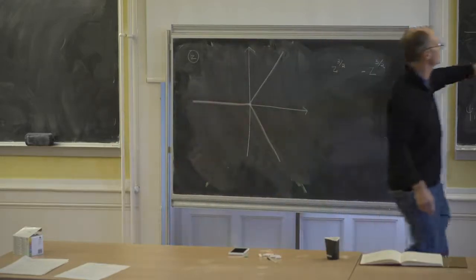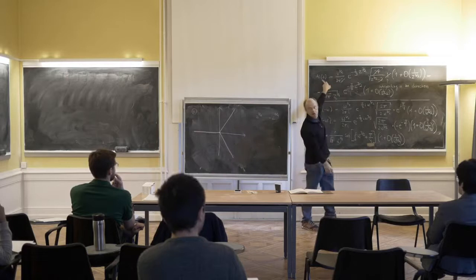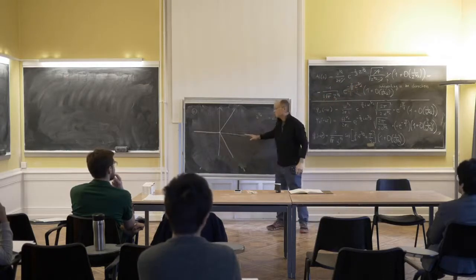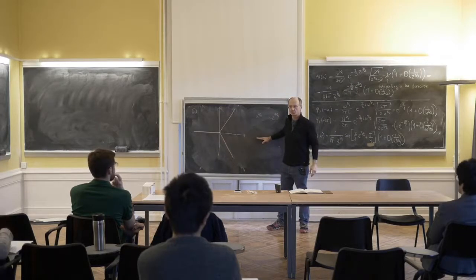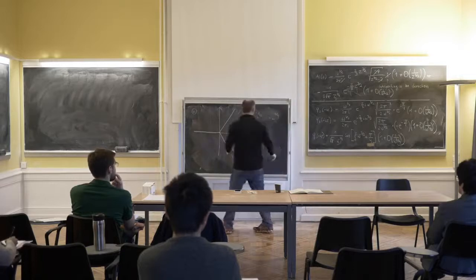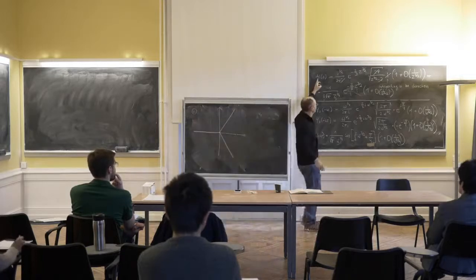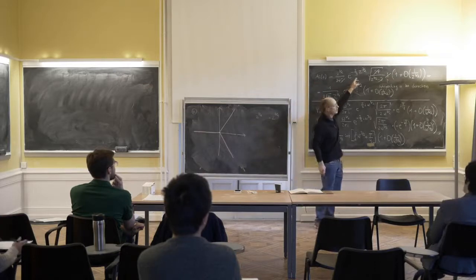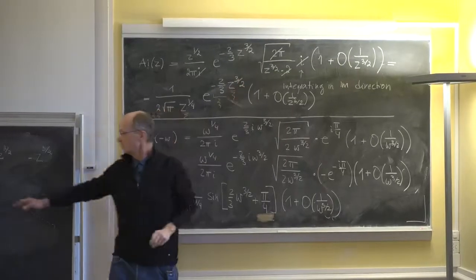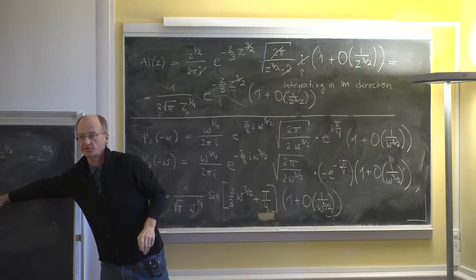So for instance, this exponential that we got in Ai is an exponential which is rather rapidly falling along the positive axis. The other solution would be increasing with the corresponding exponent z to the power 3/2. So actually Ai, you can characterize it, up to a constant, as the solution which has this asymptotic behavior along the positive real axis.